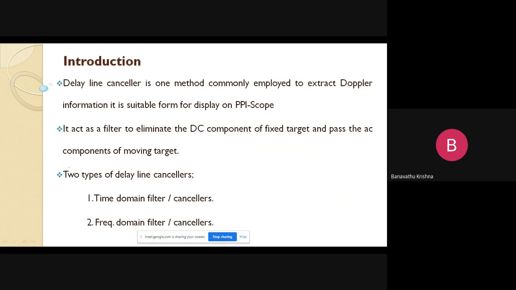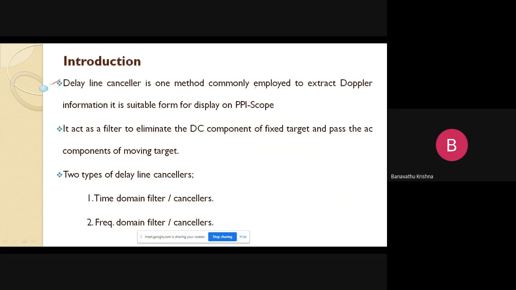Coming to the introduction, the delay line canceller is one method commonly employed to extract Doppler information. It is a suitable form for displaying on a PPI scope. To extract Doppler information means, till now we detected the target in the space only for fixed targets, whereas we want to detect the moving target in the space.